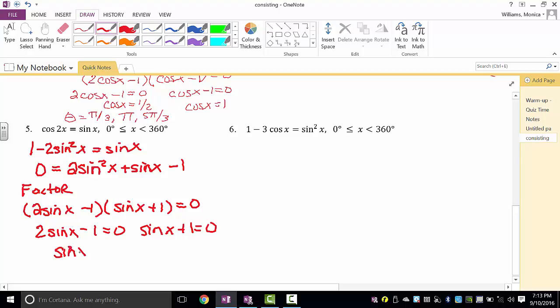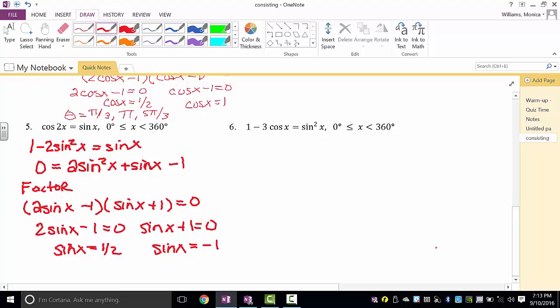So we have sine x equals positive 1/2 and sine x equals negative 1. At this time, go to your unit circle and look for all locations in degrees where the sine of x equals 1/2 or negative 1. And those locations are 30 degrees, 150 degrees, and 270 degrees.